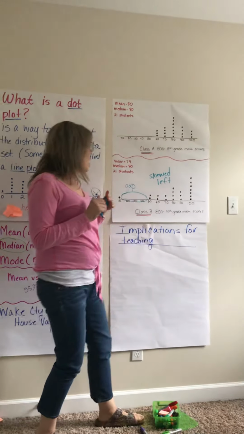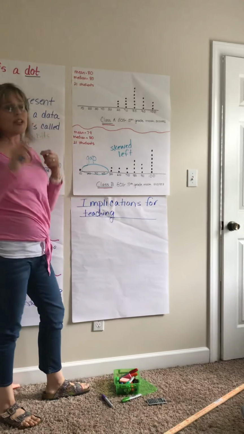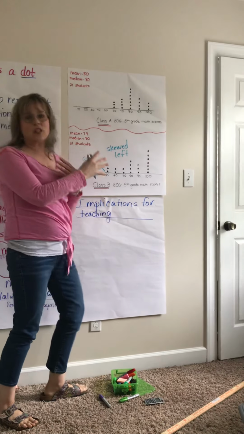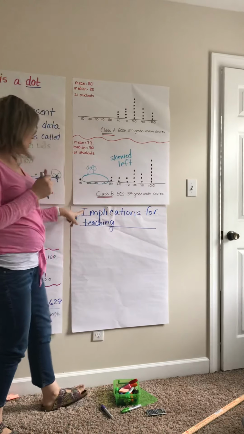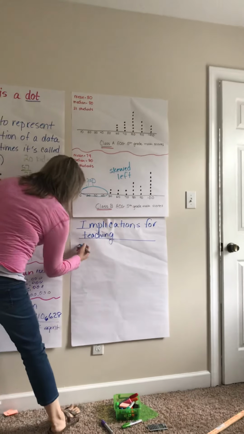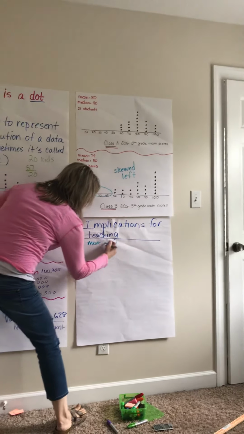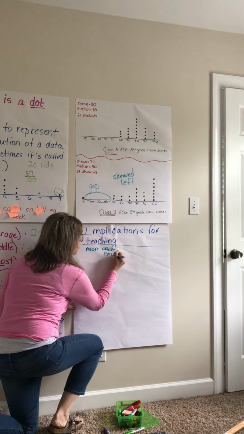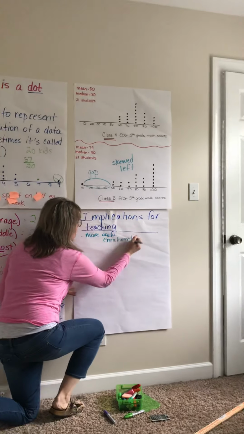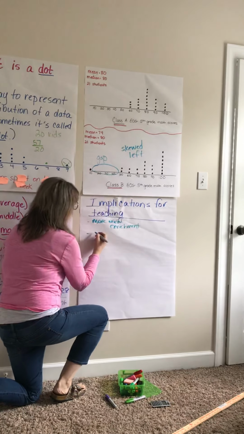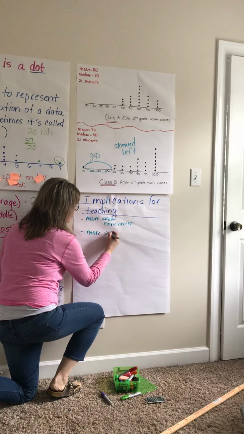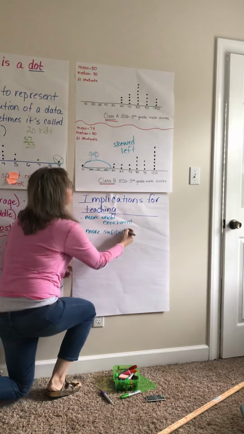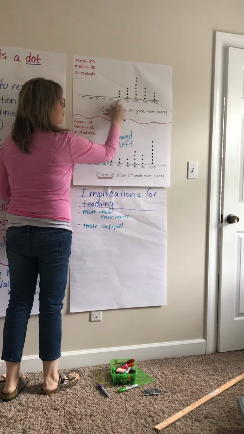So just because these scores are similar does not mean that I got to teach these classes the same. So, implications for teaching. One class might need more enrichment, like I said, misspelled, Miss Rice, enrichment. There might need to be more support for some students. When you look at EOG scores, this is still a 3 or a 4 right here.